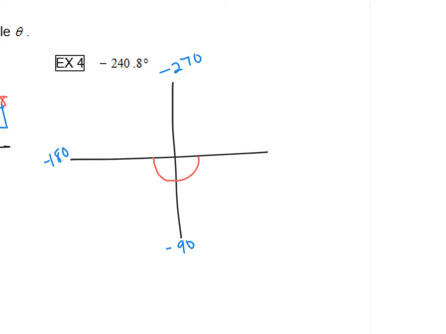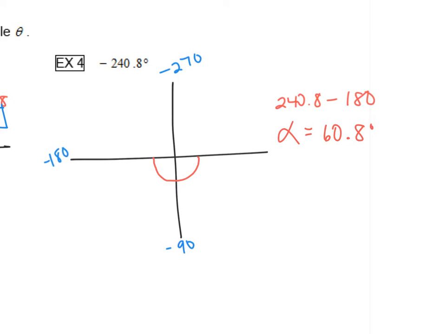So what we do is take our number and subtract the x-axis value. So I'm going to take 240 and subtract out 180 degrees. Even though these are negatives, I'm just using positives to help me get that reference angle. That's going to give us 60 degrees.